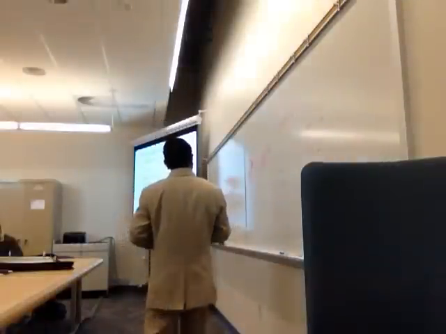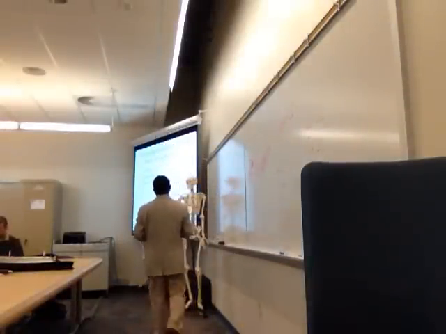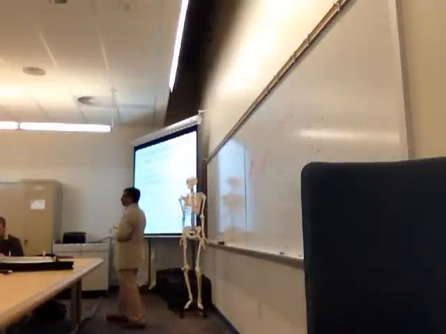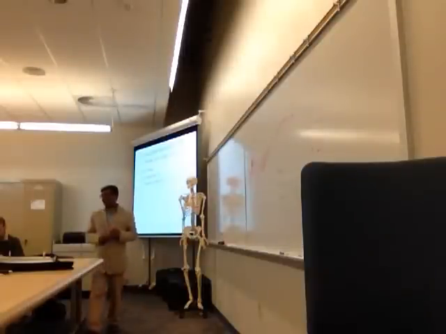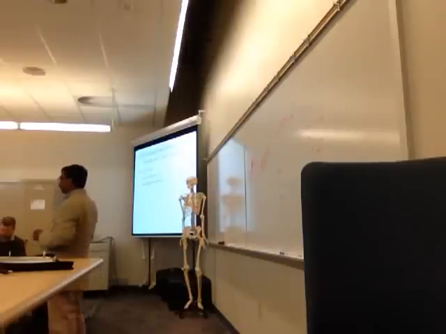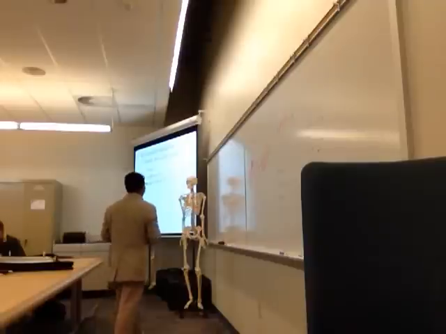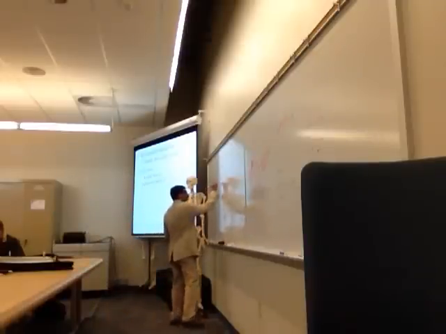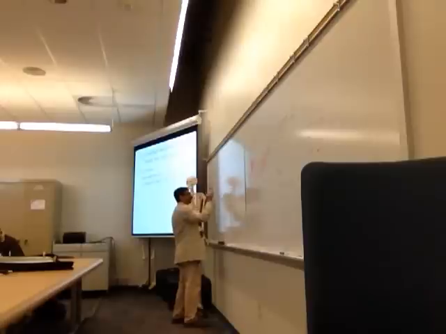Then the fluid will enter the loop of Henle, the next part of the nephron. And the loop of Henle has how many limbs? Two, the descending and ascending. Very good. This is the loop of Henle. This is descending. This is ascending.